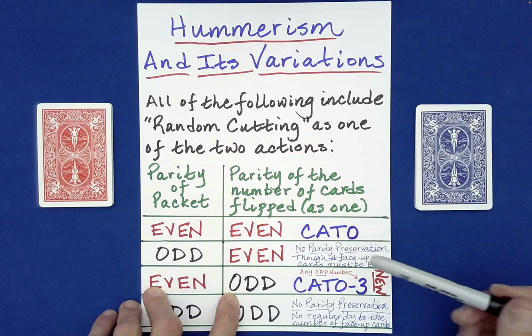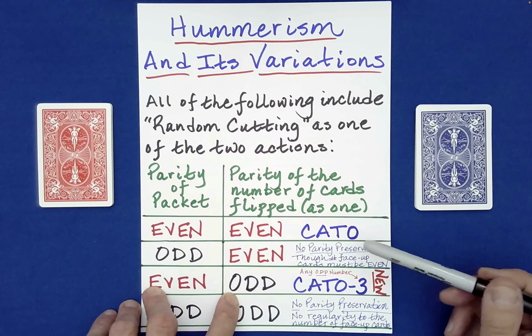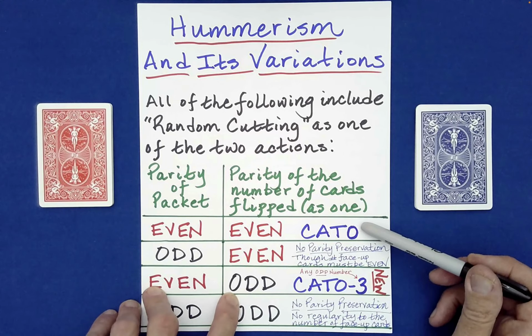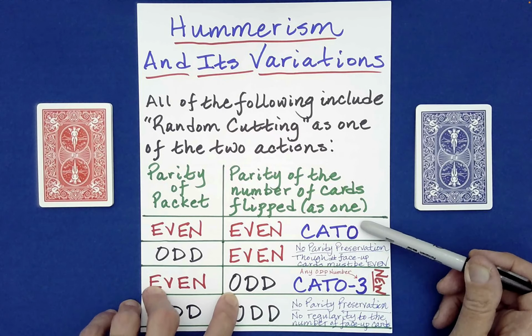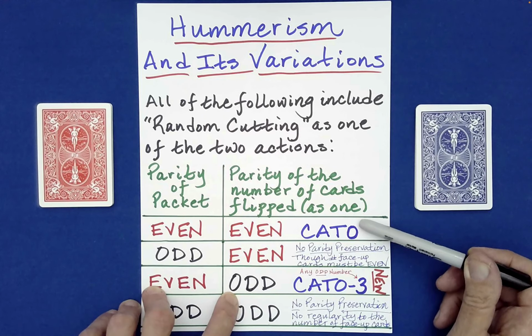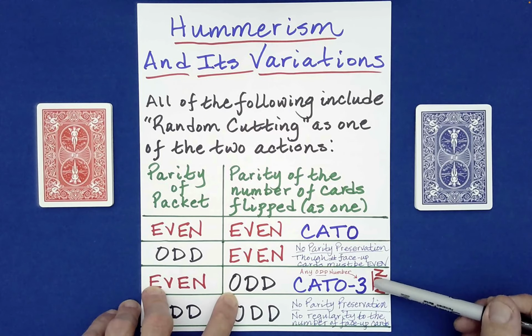Because in the case of the traditional Hummer principle or Hummer shuffle, you flip over 2. And then it was discovered later that you can actually flip over any even number and everything works just fine. Well, the same thing is true for what I'm sharing with you. You can actually flip over any odd number of cards and everything works just fine, okay?